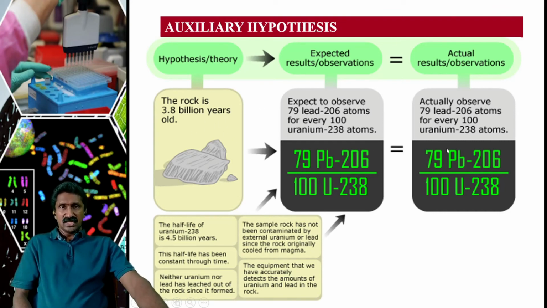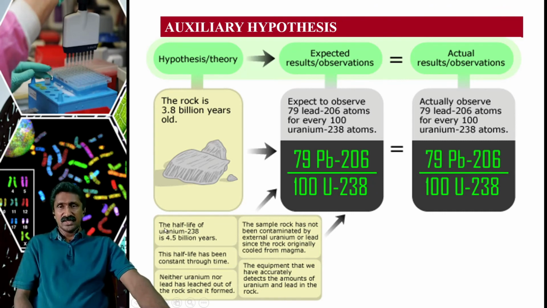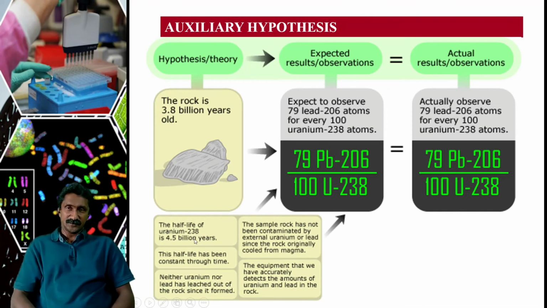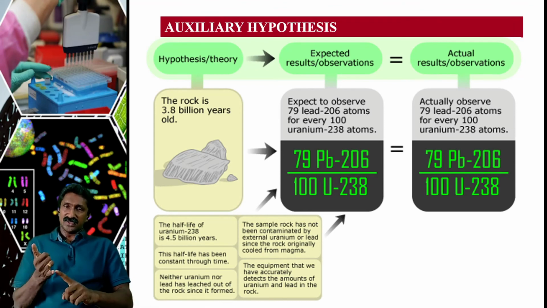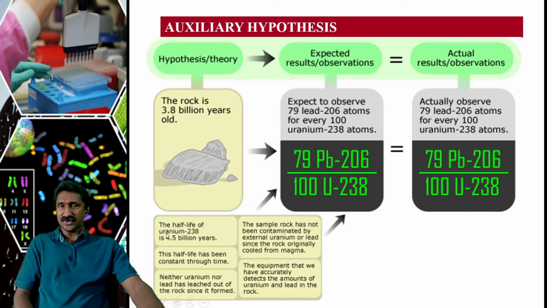But when we are designing this hypothesis, we have to additionally add some auxiliary hypotheses. For example, the half-life of uranium-238 is 4.5 billion years. If it is a different one, then certainly this assumption will be different.